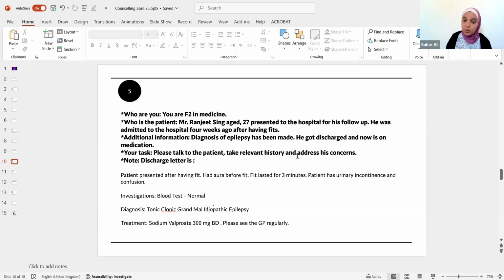Yes. Then you tell him, it takes time. Sometimes it's a side effect from sodium valproate, but it will go on its own. If you have any attacks afterwards, you can just take paracetamol or ibuprofen. This is if he raised this concern. You just have to make sure that it's not a serious cause of headache.